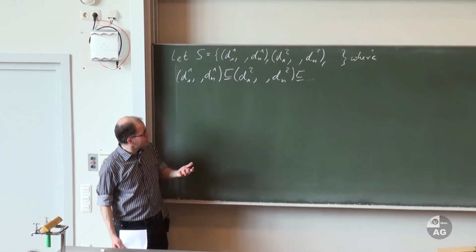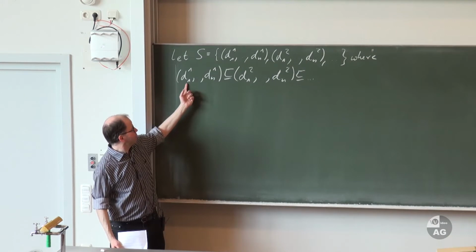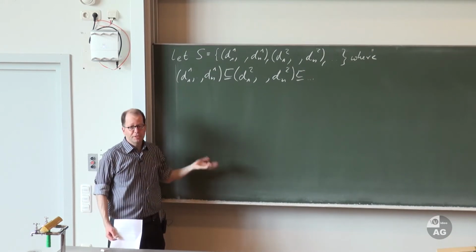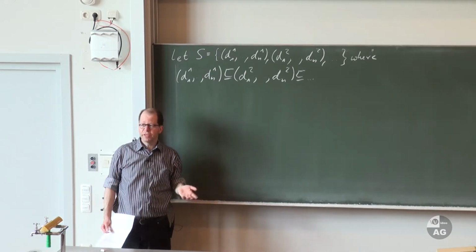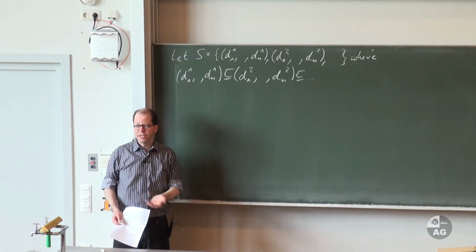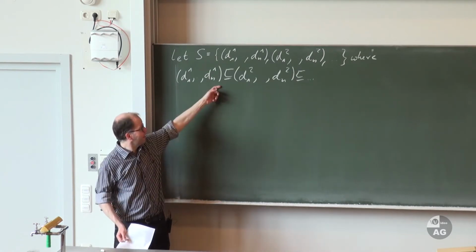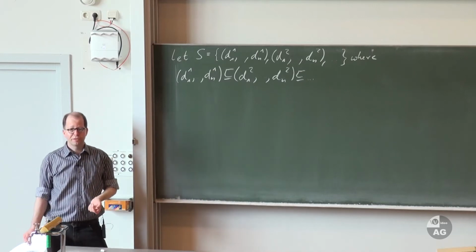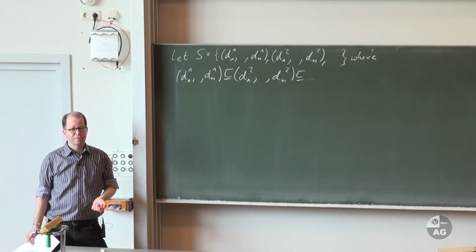And what I know is that for the components here, so for capital D1 and capital D2 and so on, they are complete. So there, every chain has a least upper bound. And the question is, why does this chain have a least upper bound as well? So any idea?